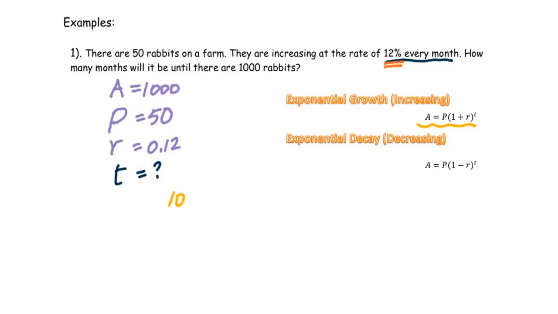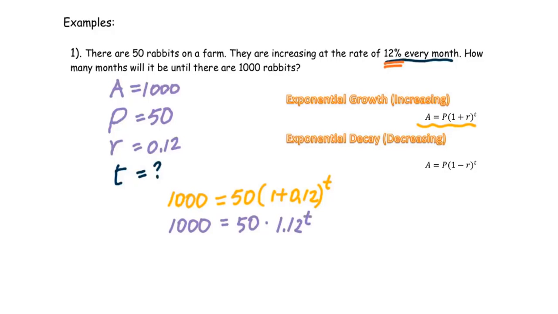So we set up 1,000 equals 50 times 1 plus 0.12 to the t's power. Then we got 1,000 equals 50 times 1.12 to the t. Then we know this is an exponential equation. Isolate the exponential form on one side. Therefore, we divide by 50 both sides.